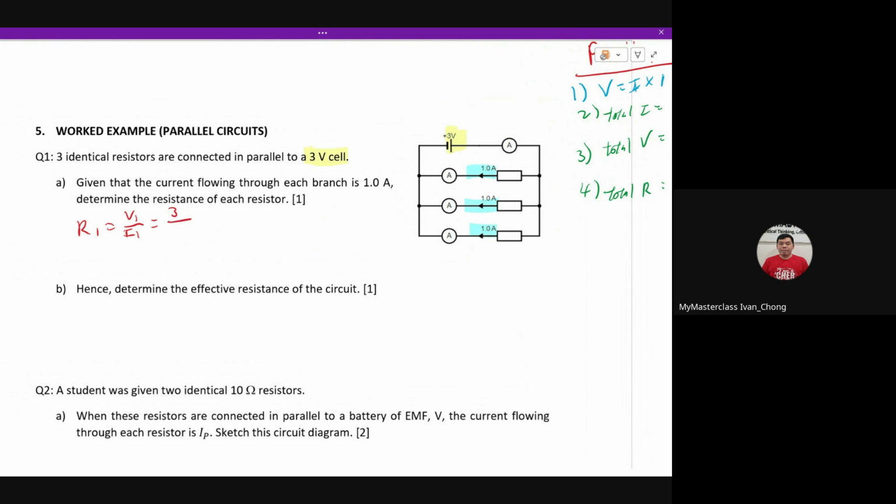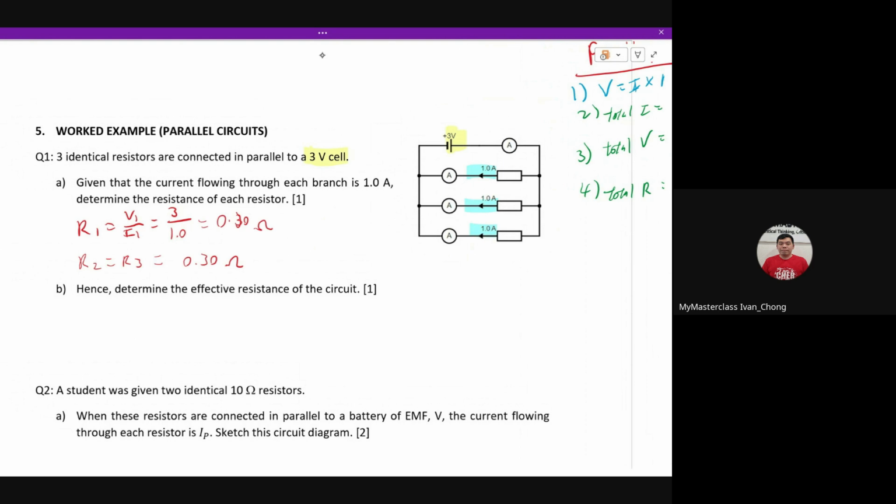Because they are parallel, across each branch your potential difference is the same. All of them will be 3. So R1, R2, and R3 all have the same value, 0.30 ohms, because the values they use are exactly the same. V2 over I2 is the same as V1 over I1, same for 3 as well.